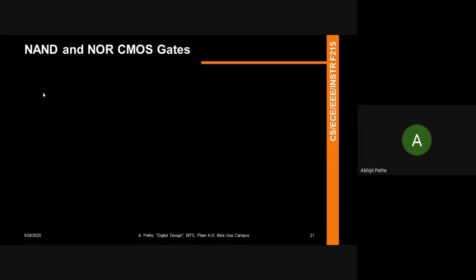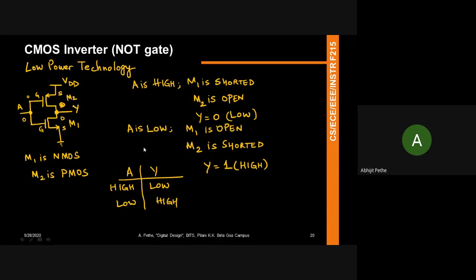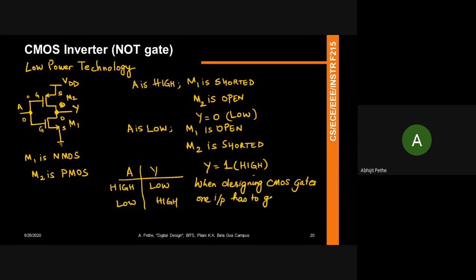Again, how do we think about it? One common feature is that always remember, when designing CMOS gates, one input has to go to both N and P. So for example, you see this A input has gone to the gate of both the PMOS transistor and the NMOS transistor.